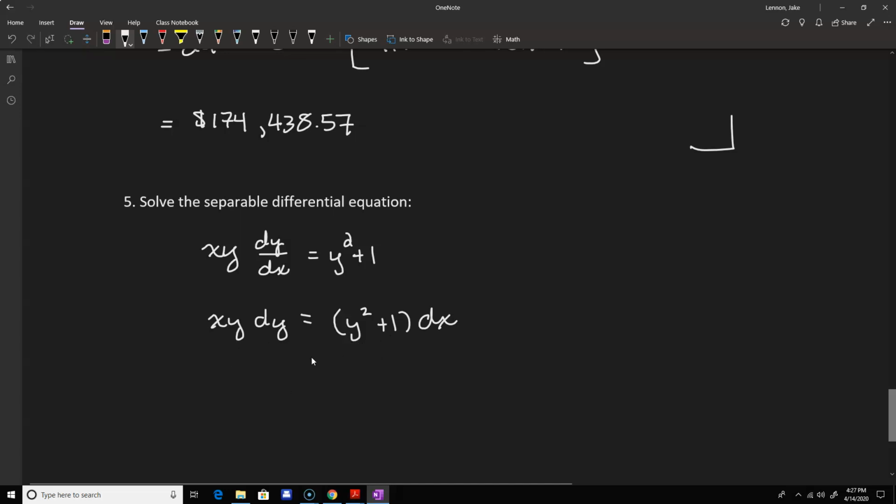So we want to move the x to the other side, so we're going to have to divide by x. And we're also going to want to move that y squared plus 1 to the other side, so we're going to have to divide by y squared plus 1 as well on both sides. So when you do that, on the left, we're just left with y over y squared plus 1 dy. And on the right-hand side, we're just left with 1 over x dx.